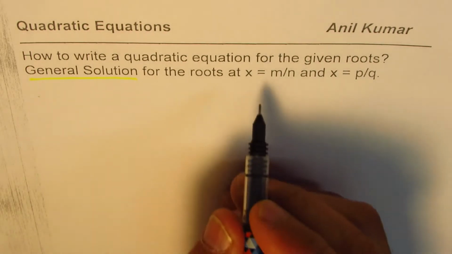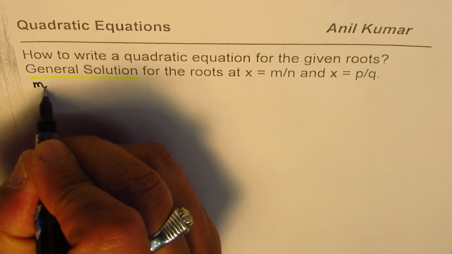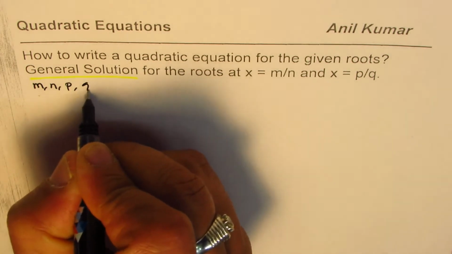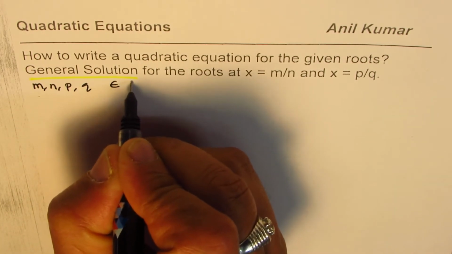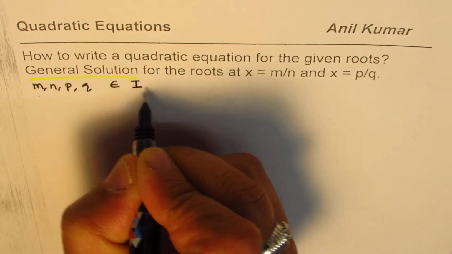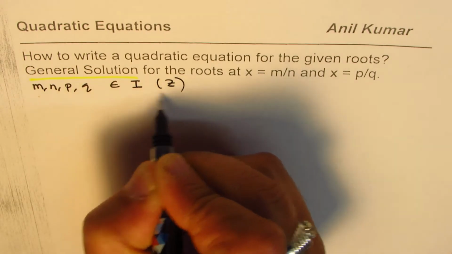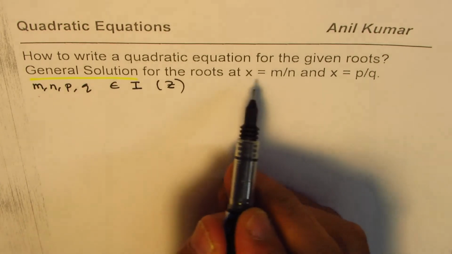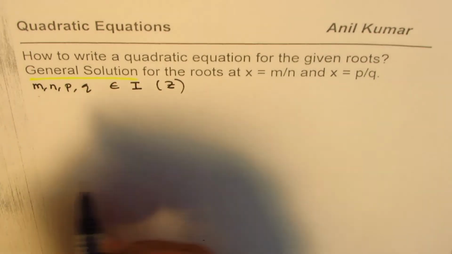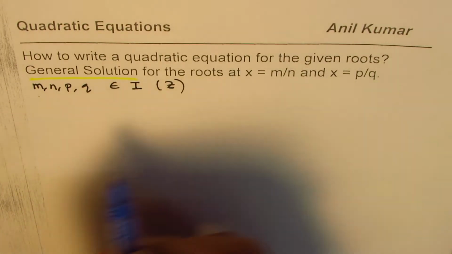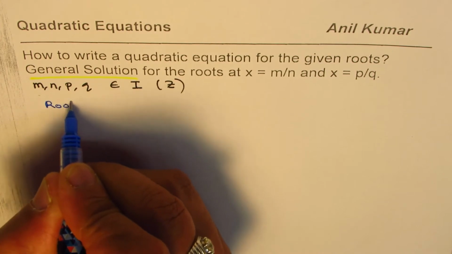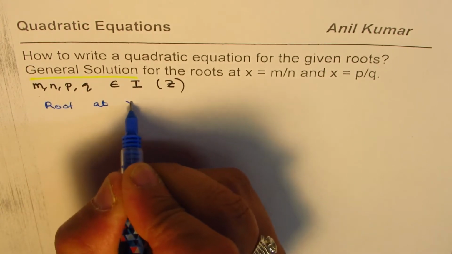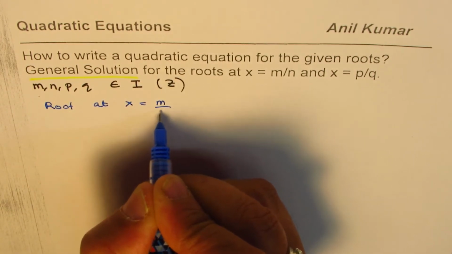Now, we are working in the domain of m, n, p, q belonging to integers, which could be written as I or sometimes Z, right? Both, okay. Now, what does it really mean when I say that we have a root at x equals m over n?